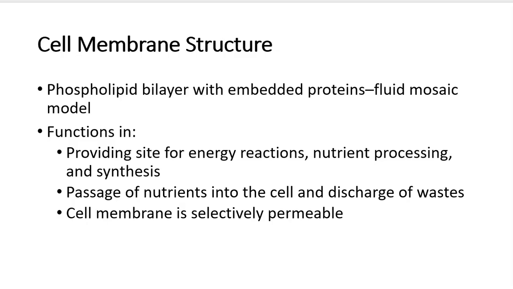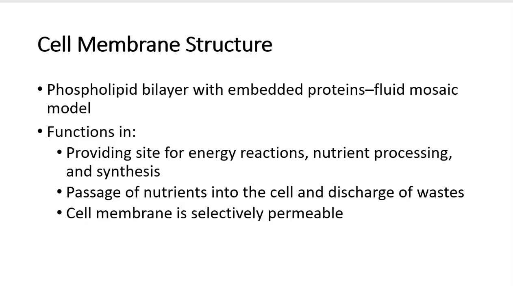Let's get into this cell membrane. Okay, and it is a phospholipid bilayer with proteins and provides the site for energy reactions just like we have for our cells. It is a passage for nutrients into the cell. It's a way to get rid of waste, and it is selectively permeable just like a eukaryotic cell.